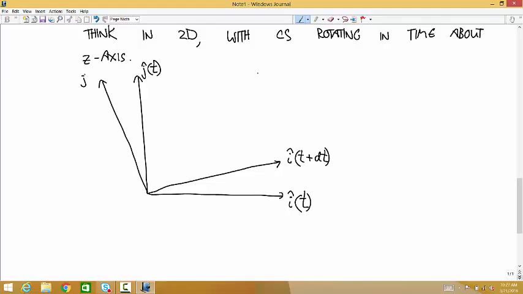And this is j at the instant t plus dt. So obviously this angle would have to be infinitesimal too, but I'm just drawing it out so you can visualize it.